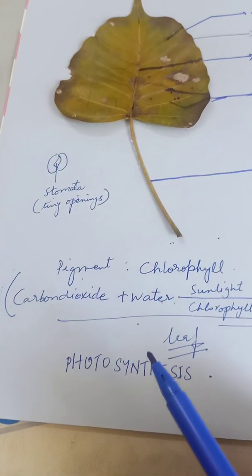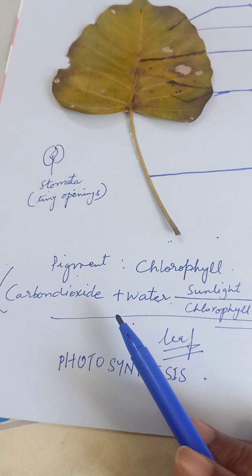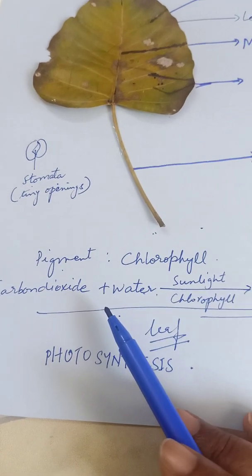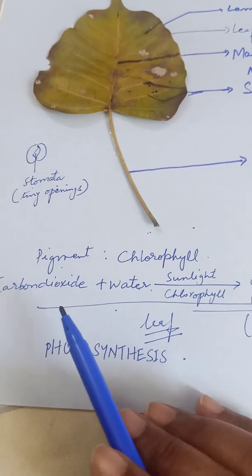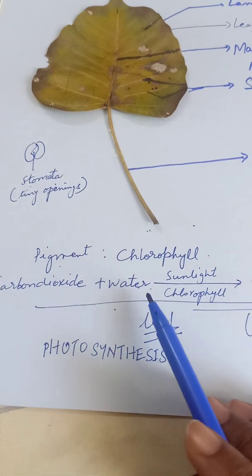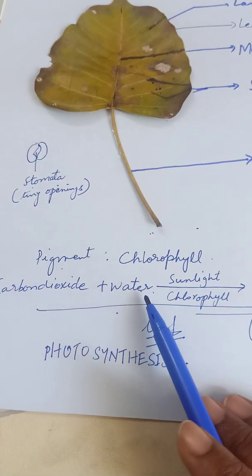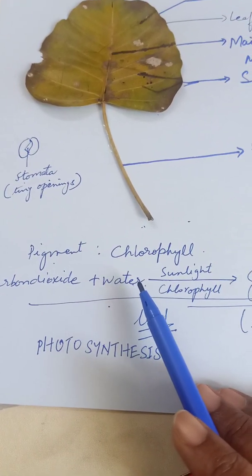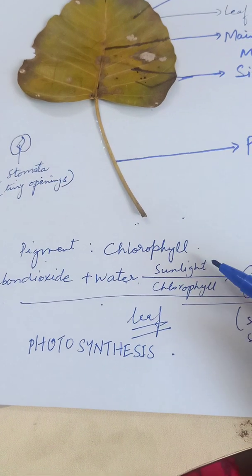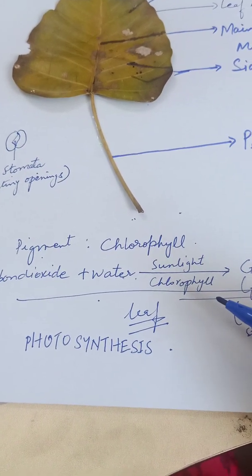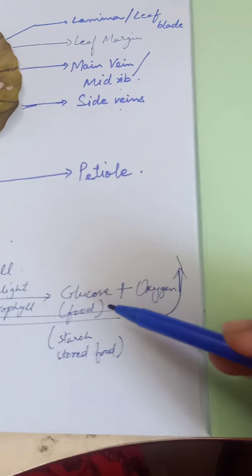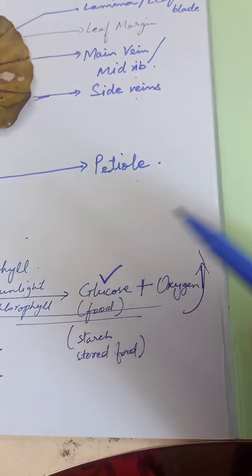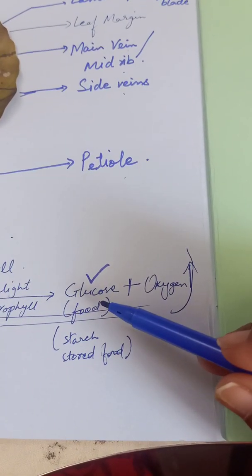So the basic raw materials required for the formation of food are carbon dioxide from the surroundings and water absorbed from the roots or the soil. In the presence of sunlight and chlorophyll, the food which is formed is glucose.